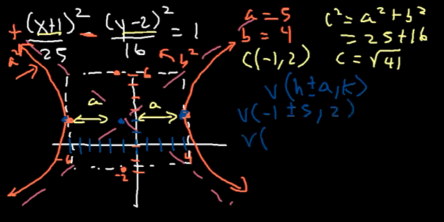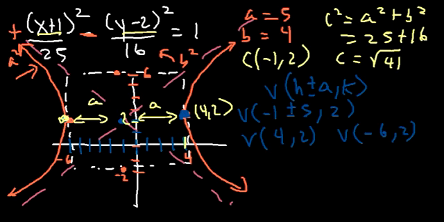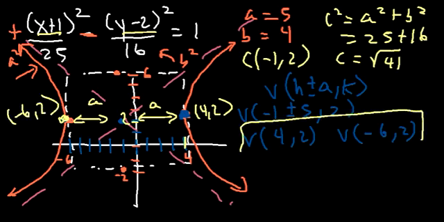So -1 plus 5, that's 4, and -1 minus 5 is -6. So this point, as we can see, is 4, 2. And this one is at -6, 2, which is what we have. So those are the vertices of the graph.